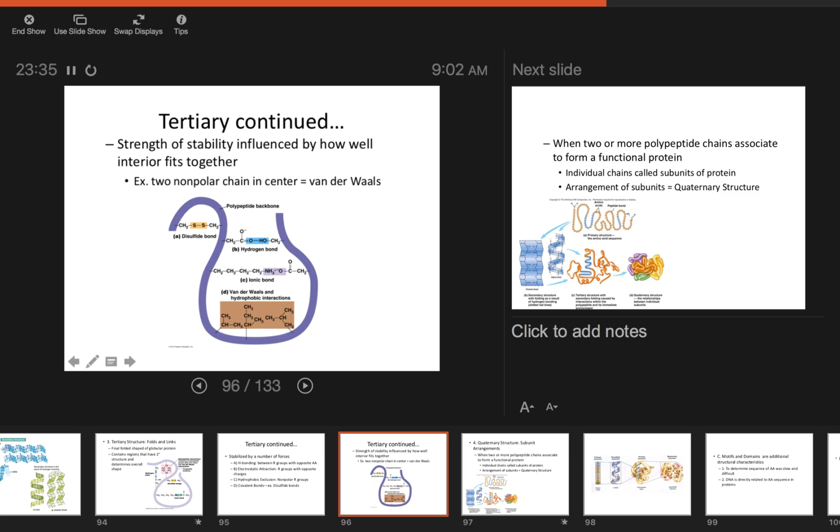So here's my amino acid sequence, and if I have a whole bunch of nonpolar molecules, then I'm going to have a very strong hydrophobic interaction, whereas if I just have a few, then it's not going to be as strong. But that's all this slide is really saying. So strength of stability is how well the interior fits together. How well can these forces hold that kink together?